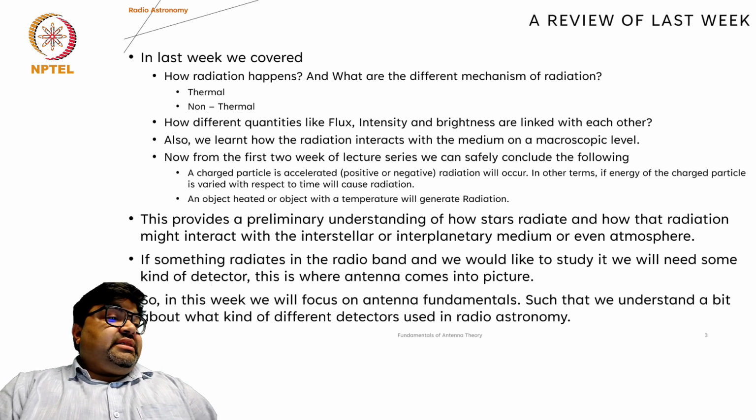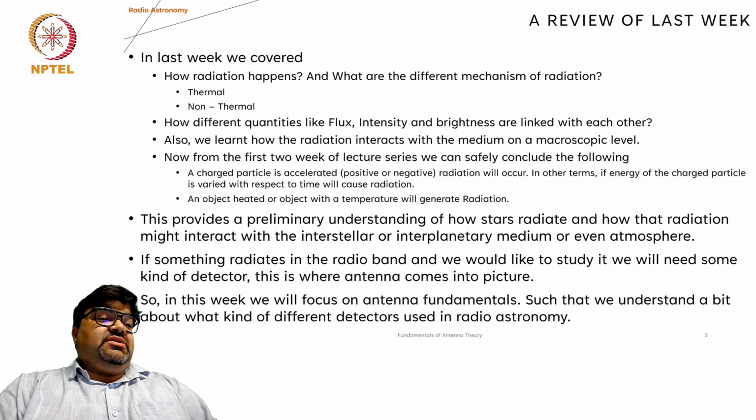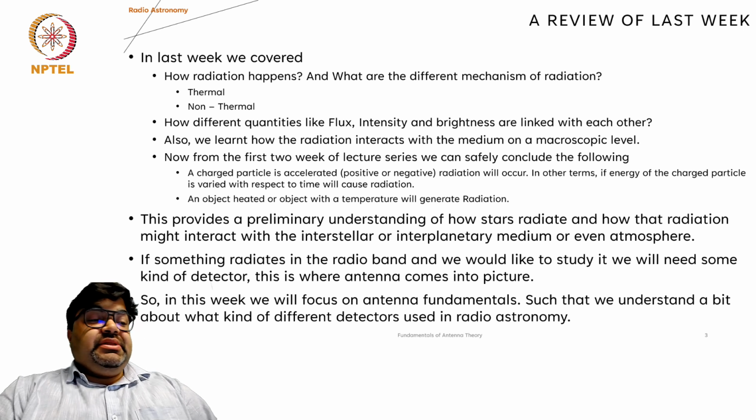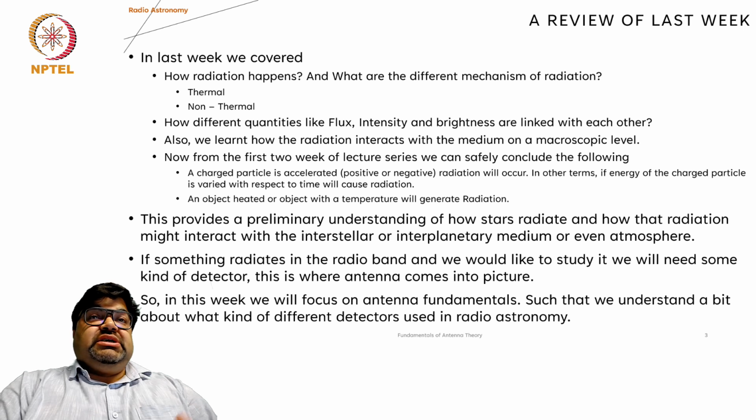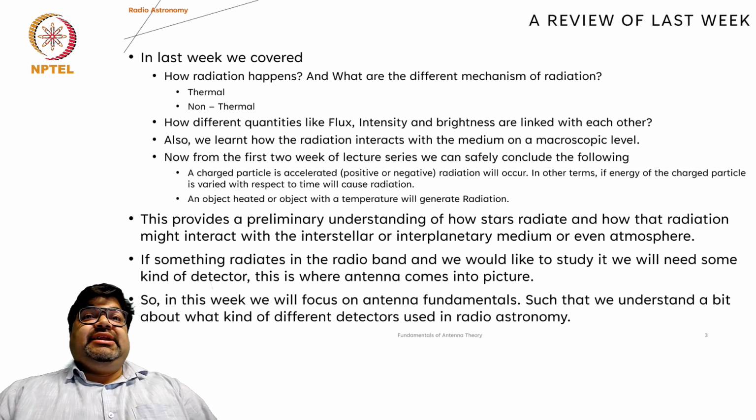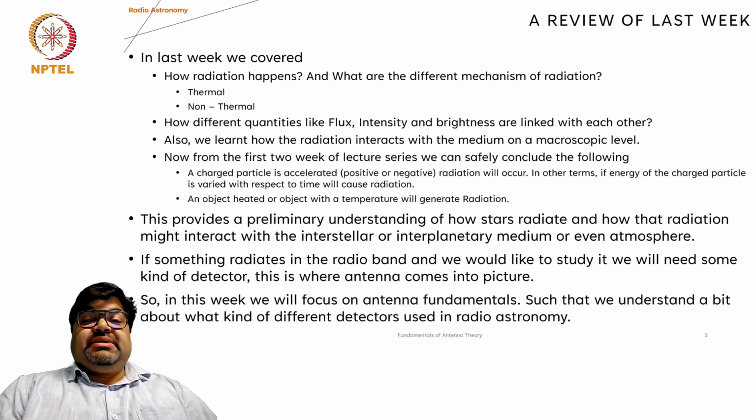So this provides a preliminary understanding of how stars radiate, how radiation might interact with the interstellar or interplanetary medium or even the atmosphere. If something radiates in the radio band and we want to study it, we will need some kind of a detector. This is where the antenna comes into the picture. If a particular object is radiating in the radio band, you have to create a detector which also operates in the same band.